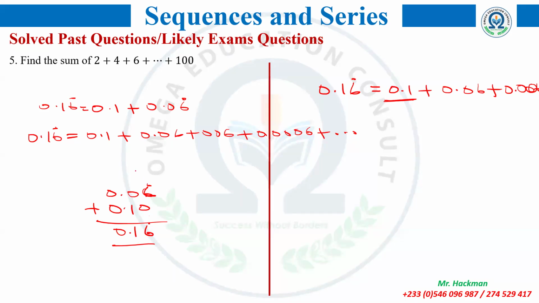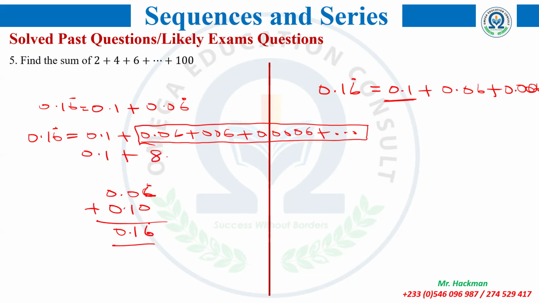Now if you look at it, you can see that it is this that will follow the pattern. So it will be 0.1 plus the sum to infinity of this sequence. And for that sequence, your first term will be this, and your common ratio will be this over that. You get it now?